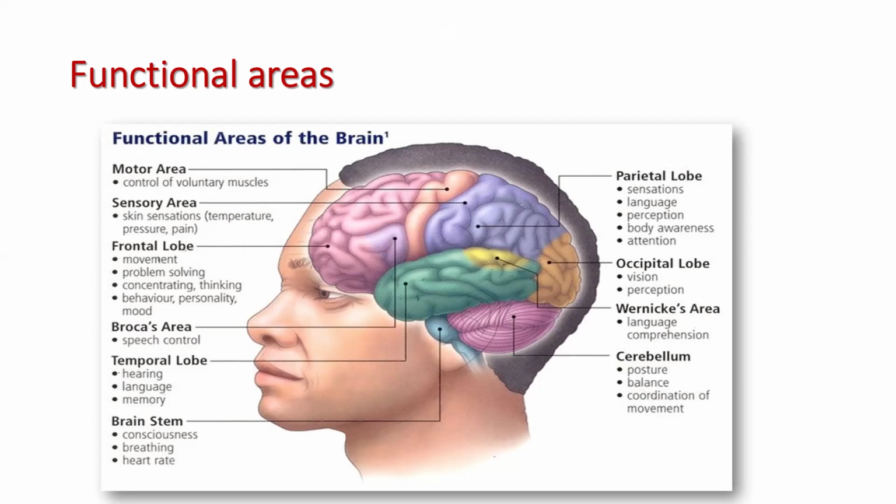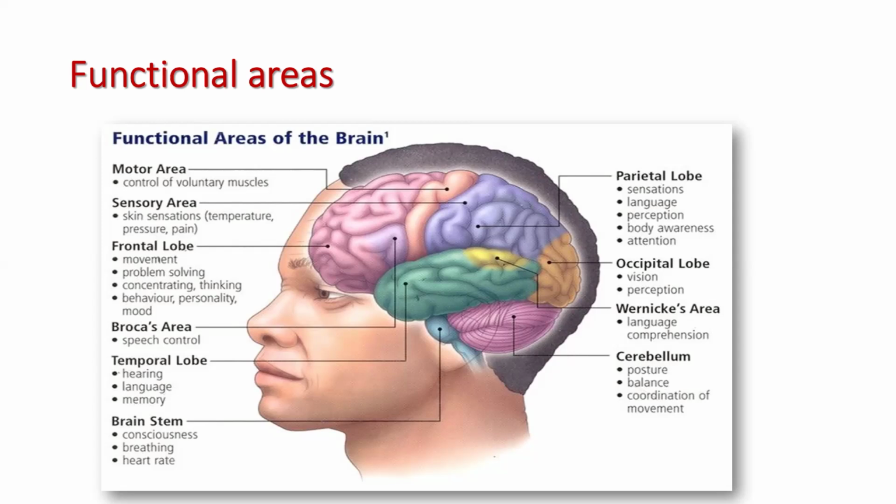The frontal lobe is very key, because the behavioral aspects that we are testing when we are doing our GCS, movement, concentrating, the behaviors that we see changing in head injury, are controlled by the frontal lobe, which involves movement, problem solving, concentrating, thinking, personality changes, and mood changes that we usually see externally.